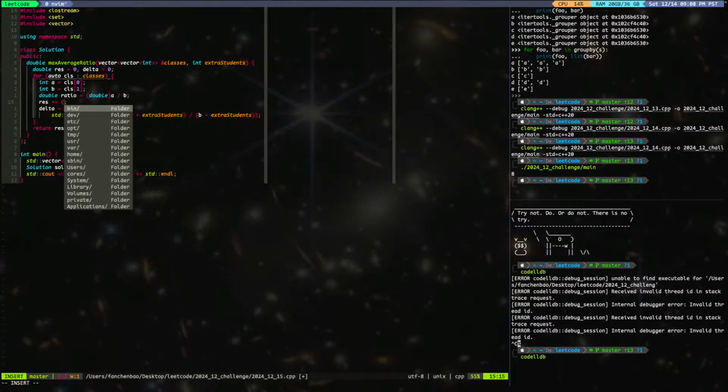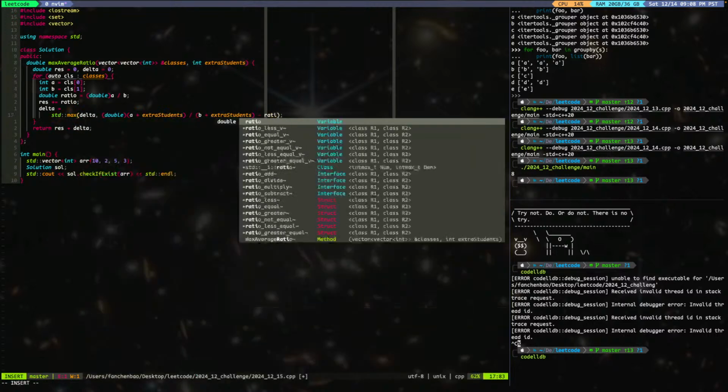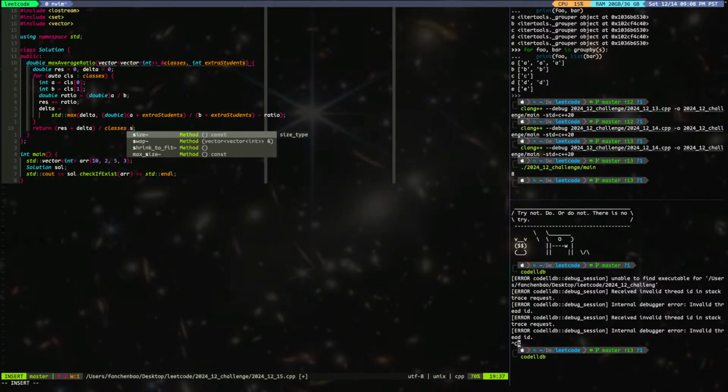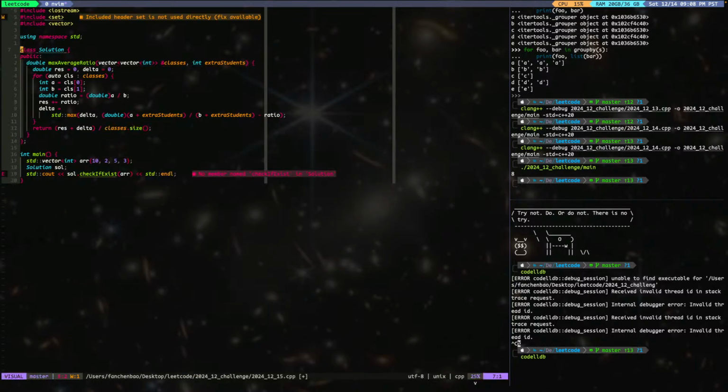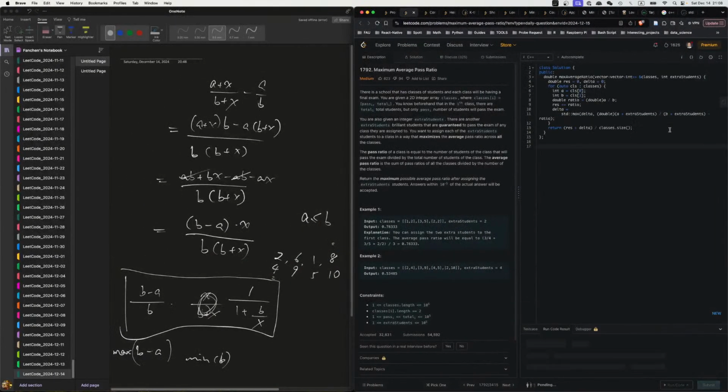Alright, and then this will plus equal to ratio, and this is going to be minus ratio, and this is going to be this plus divided by classes size. This will be correct. Trust me, bro. Yep, I think it is. Actually, it is not. The first one is right. The second one is not.